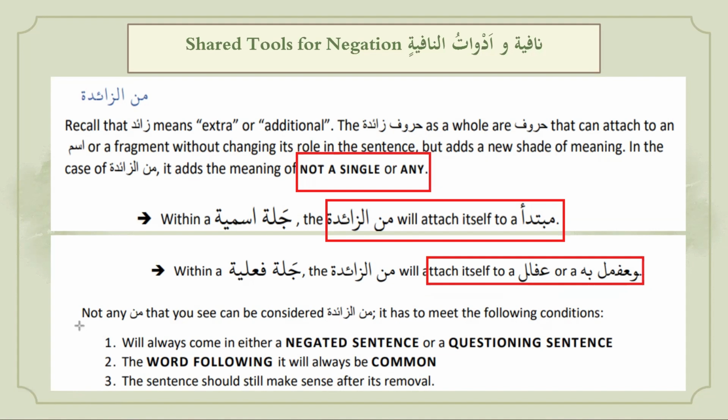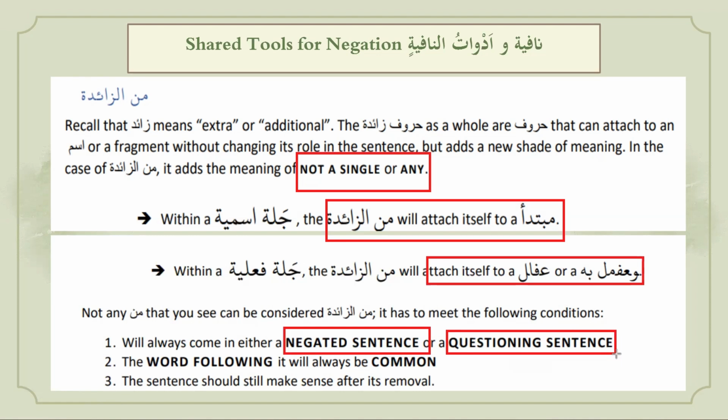Not every min you see can be min zaida. You can only expect that min zaida is in the sentence when you have these conditions fulfilled. First, min zaida will always come in either a negated sentence or a question sentence. So whenever you feel that min zaida is there, you have to ask whether it is a negative sentence or a question sentence.